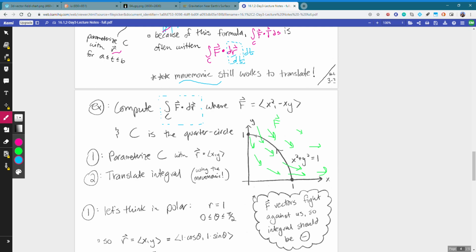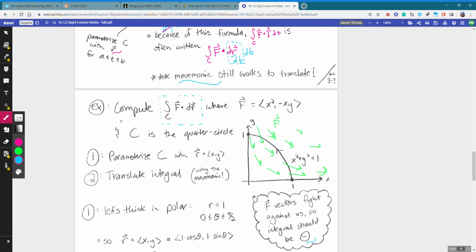And so because of that, we should expect most of our tangential components to be negative. And so we're expecting at the end of the day that the line integral for our vector field should be negative, just showing us that we're kind of fighting against the wind. Okay, that's just a little side note for fun.